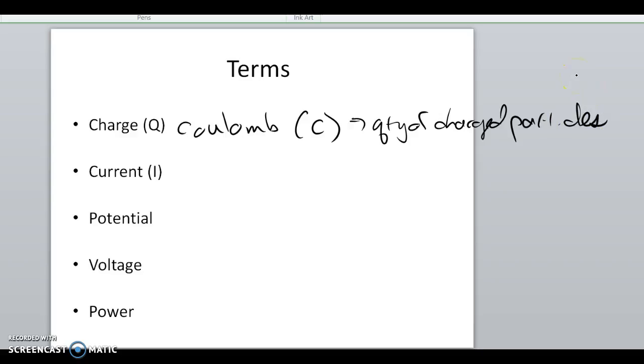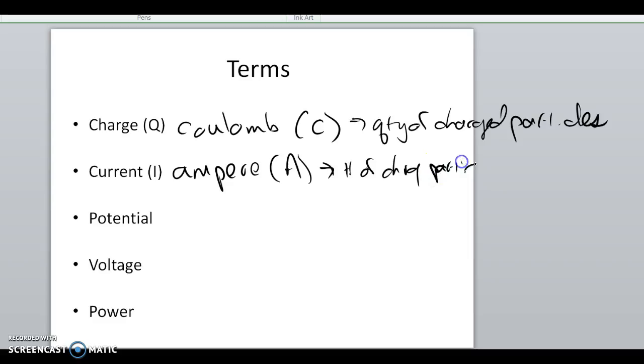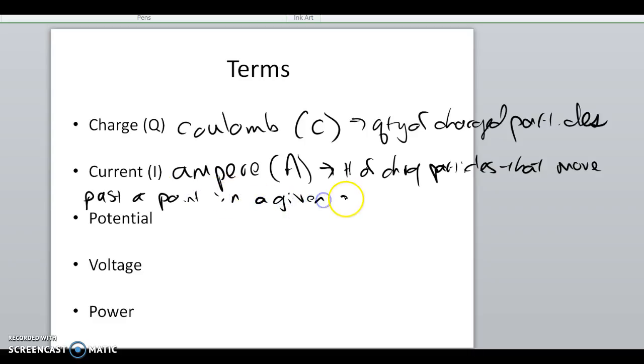Then we have current, or I. The unit is the ampere, or A, and it is the number of charged particles that move past a point in a given amount of time.